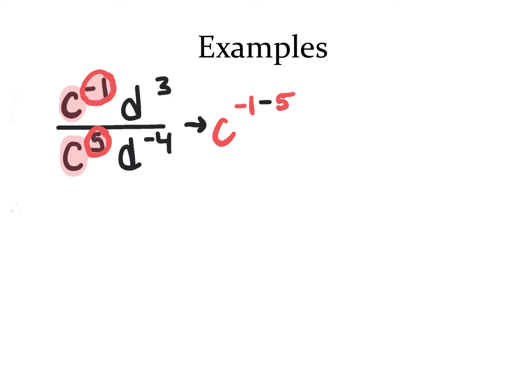Then I'm going to address the d's. So I have two terms with a d. One has a 3 and one has a negative 4 as an exponent. So I can rewrite this as d, and my exponents, I'm going to first include the numerator's exponent of 3 minus the denominator's exponent of negative 4.